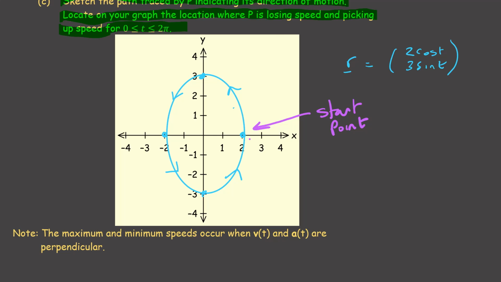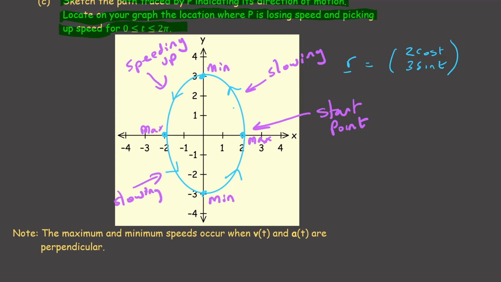The maximum speed was here and here, and the minimum speed was here and here. So it's slowing along there, speeding up along there, slowing here, and speeding up here.